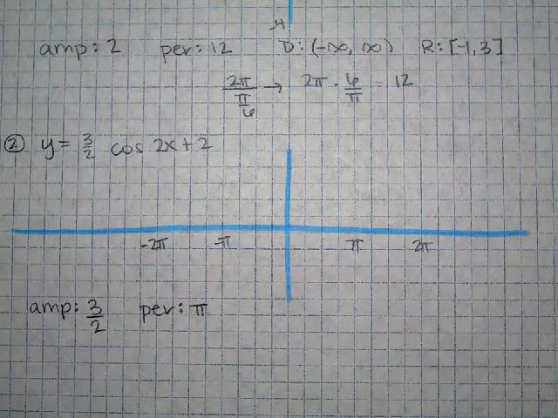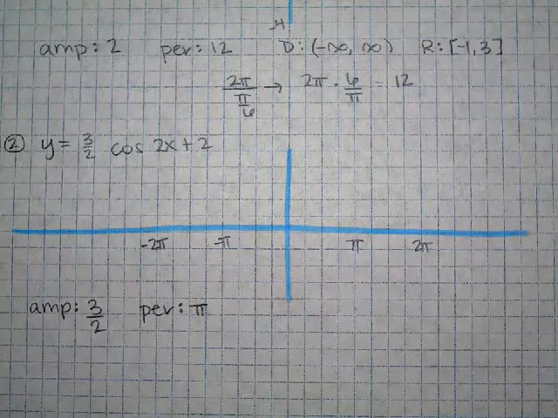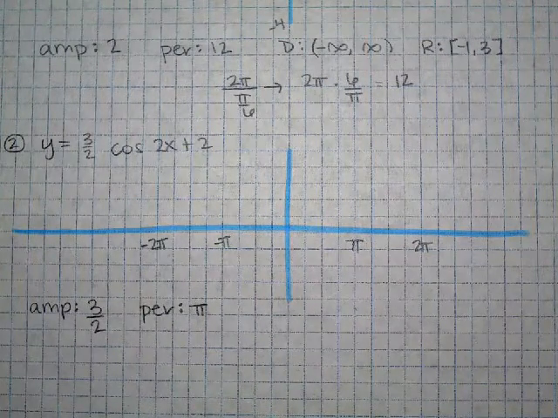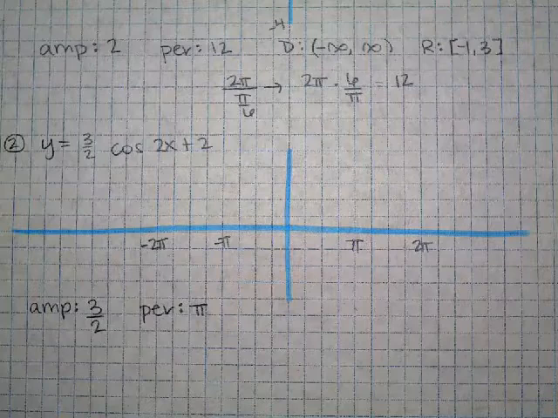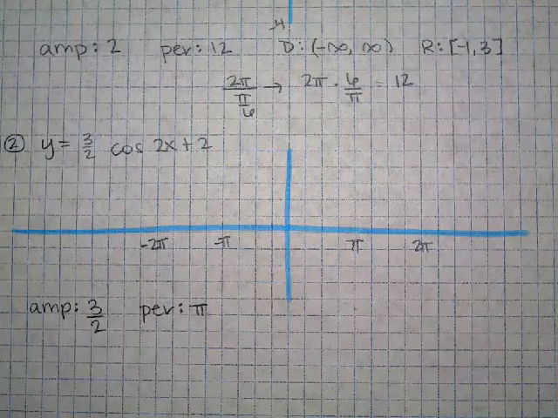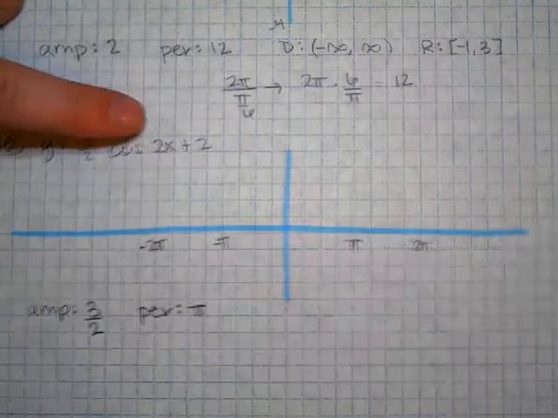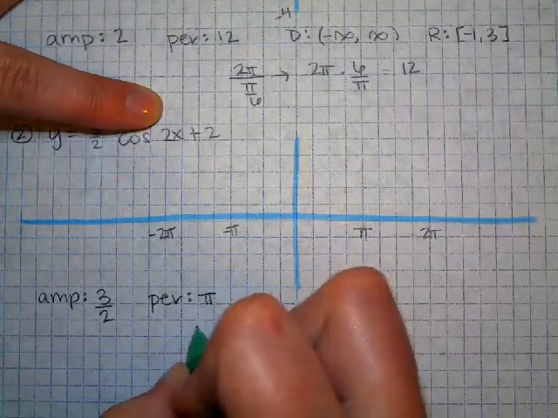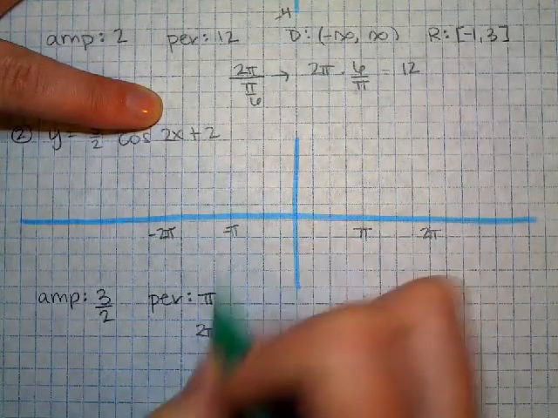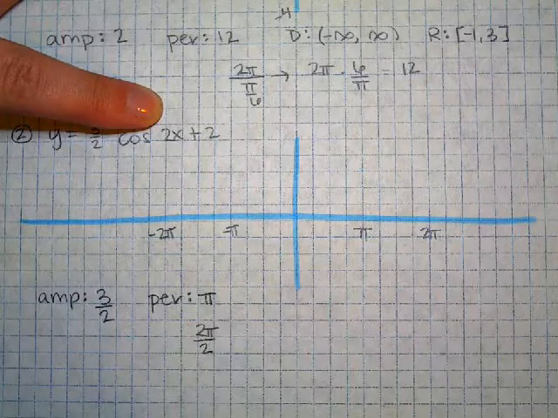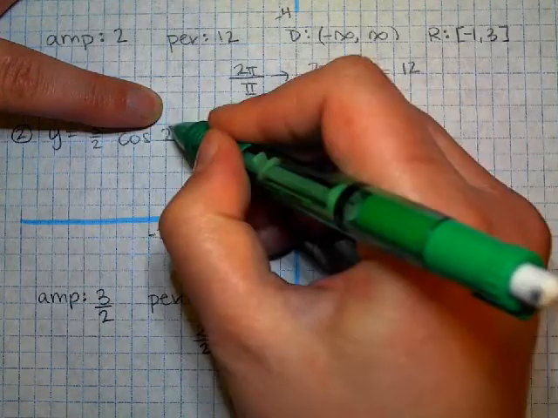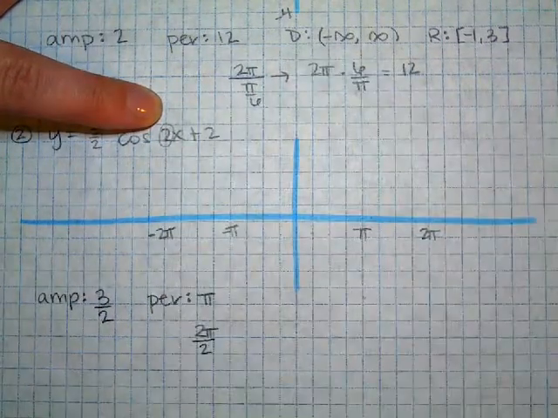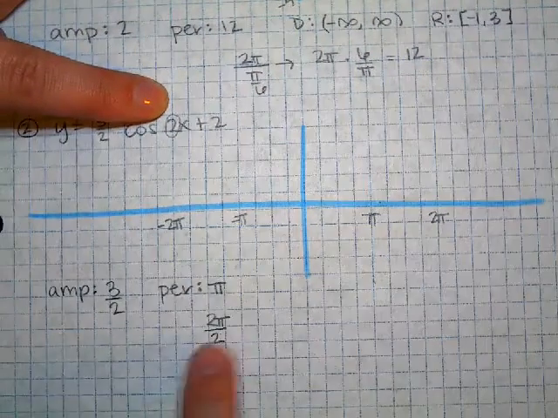We got a period of pi. How did we know the period was pi? Yeah. Because 2 pi divided by 2, or times 1/2. That's just pi. Here we go.